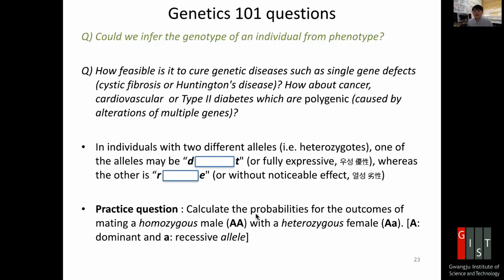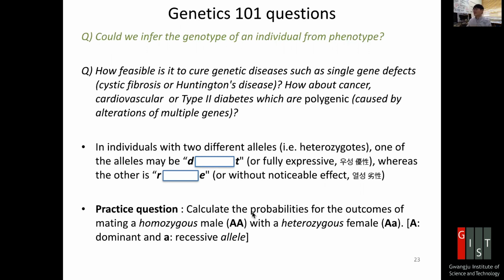So with this, we have to discuss how genotype and phenotype relate. One question we can ask is, I can see your traits: I have brown eye color, brown hair, yellow skin color. Can you infer my genotype from my phenotype? The answer could be not exactly, because maybe the phenotype is the same, but the genotype could be different.